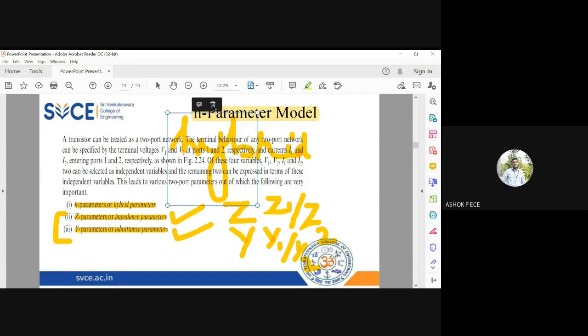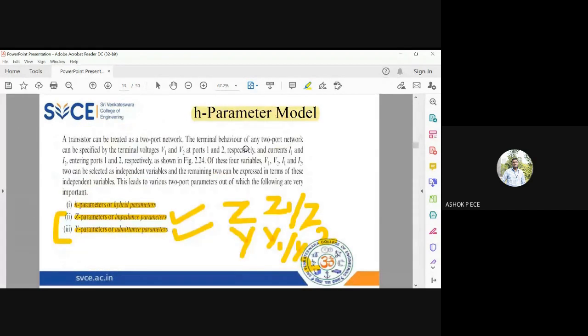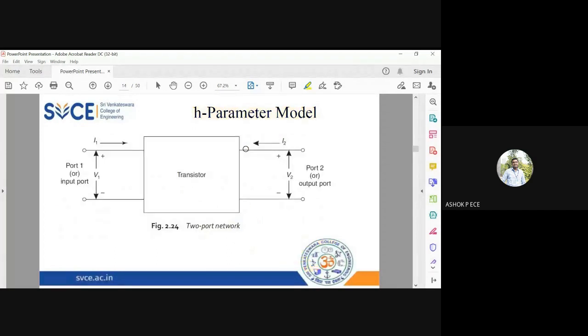Okay, H parameters will clearly model your transistor as a network. So in the Ebers-Moll model, we have seen the transistor as two diodes and a current source. In the H parameter model, I'm going to see the transistor as a circuit. So it is going to be called a two-port network. So the transistor is modeled as a two-port network.